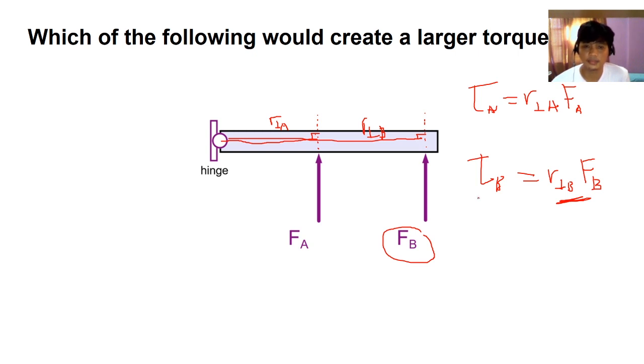And how would we know that? This is exactly the reason why doorknobs are located as far away from the hinge as possible, because you need only a little amount of force to cause a torque if you put the doorknob here. If you put the doorknob here, for the same amount of force, you will be creating less torque and therefore less acceleration. So you need to add more force here to match what FB can do.